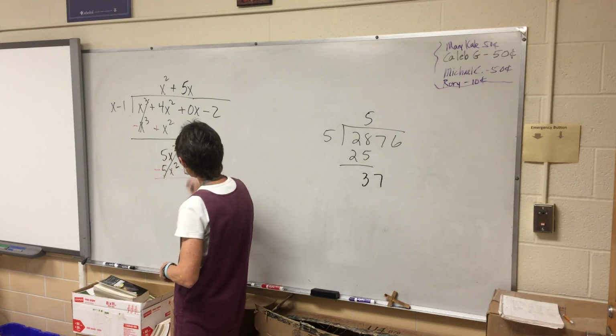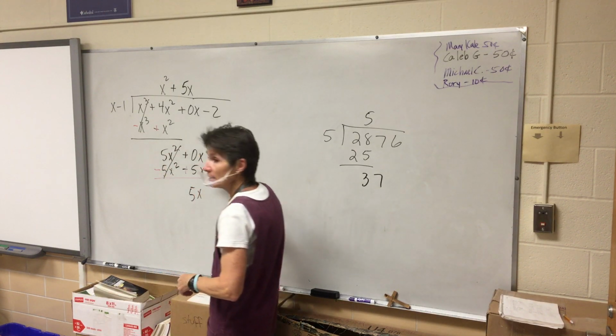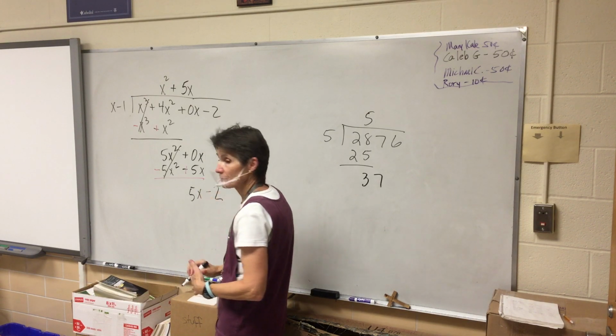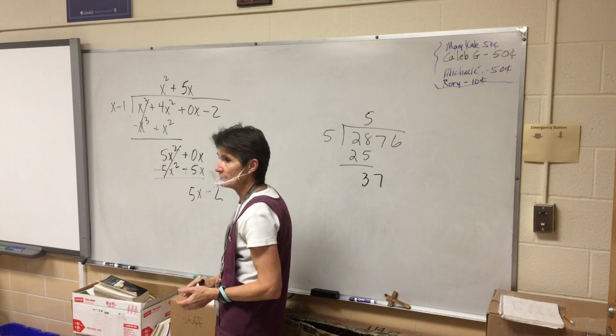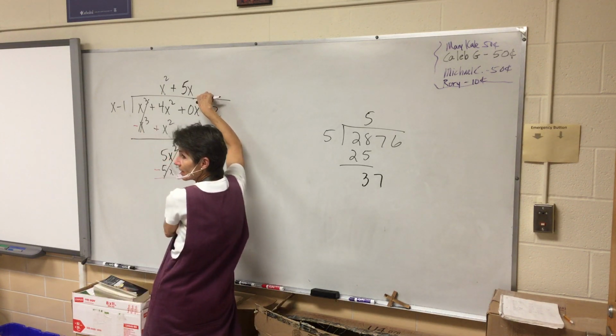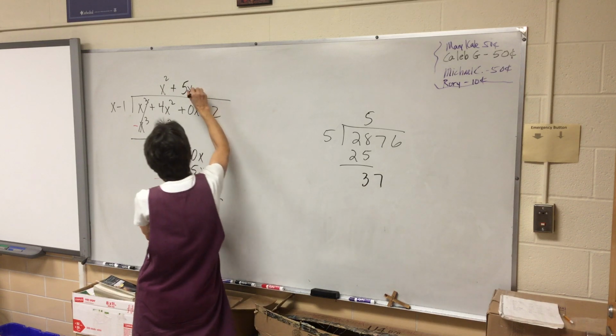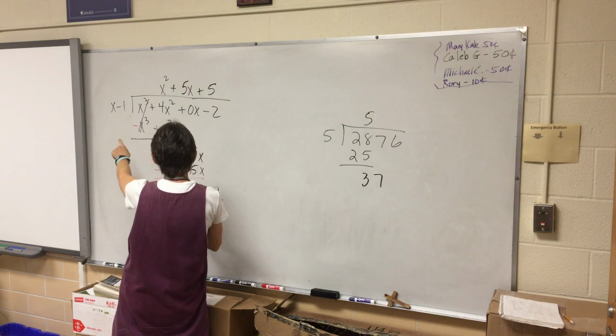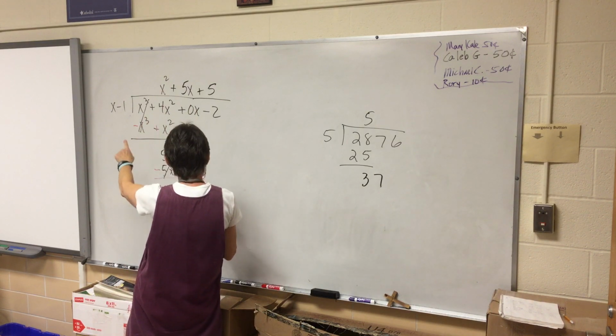These are gone like they're supposed to be, and now I have 5x, and I'll bring down my -2 and start all over again. So what do I have to take times x to get 5x? 5. So 5x, or 5 times x, and 5 times -1.